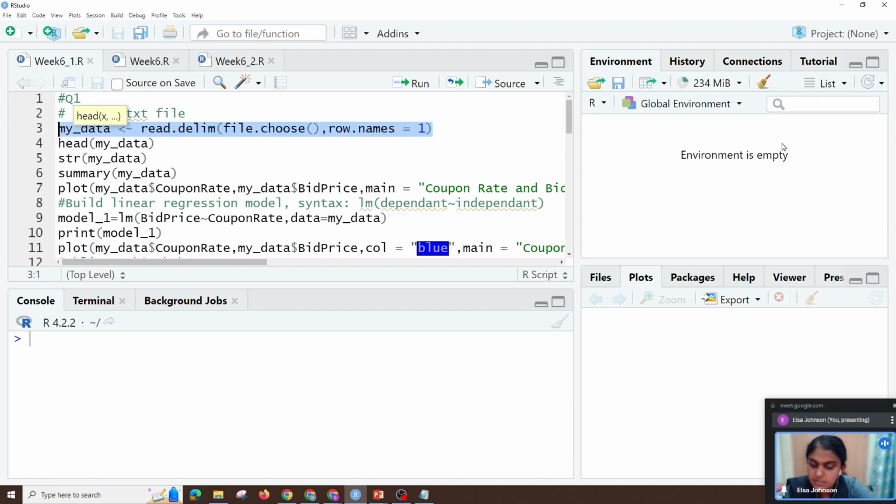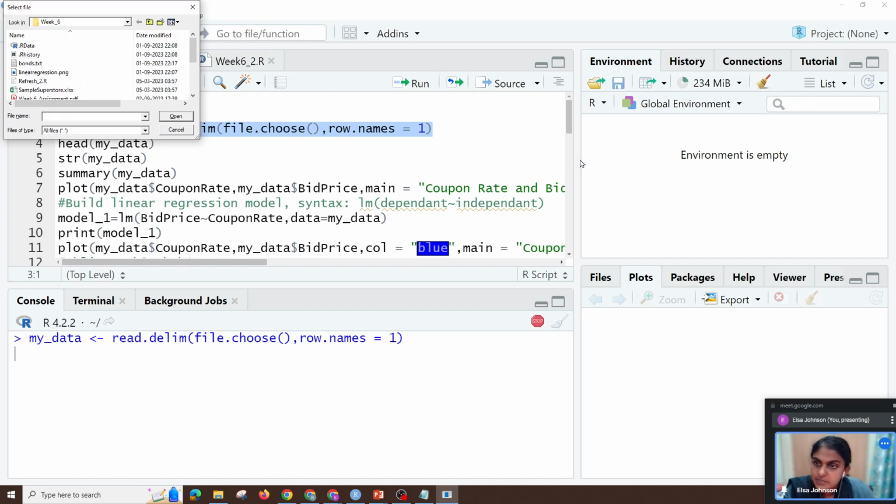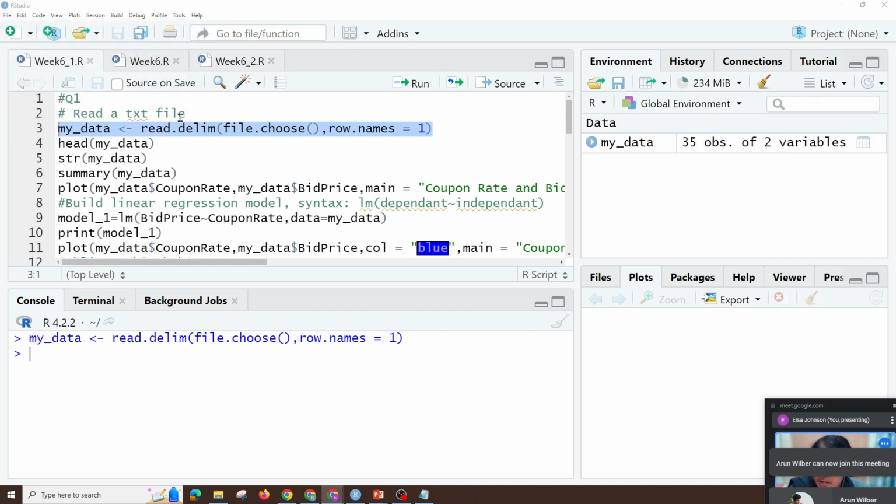So first I'll read it into my_data. Since it is file.choose, it will go to the location, so you can just check the location and then provide it. If you are doing this in your own system, you can check in this way, so that you don't have to paste your location every time.